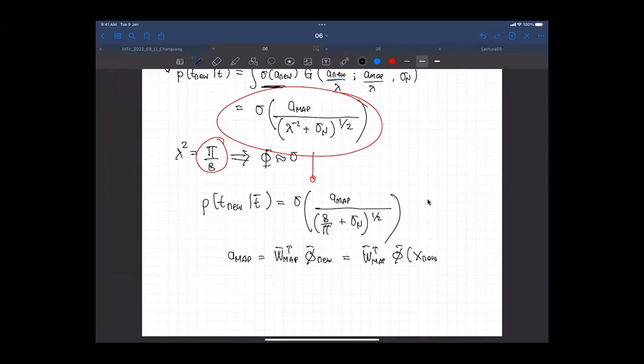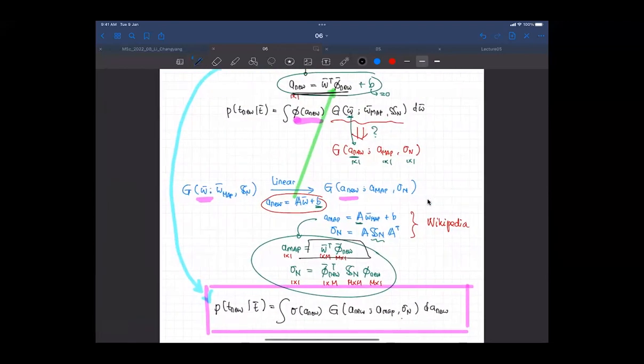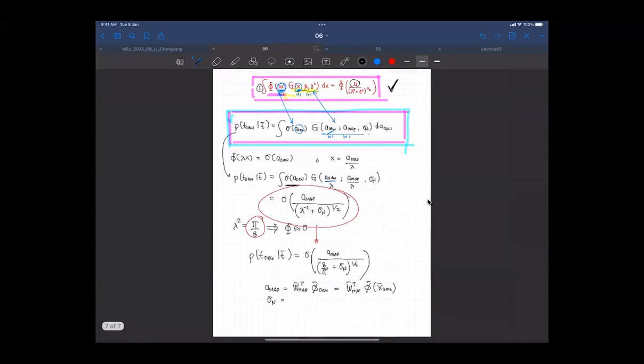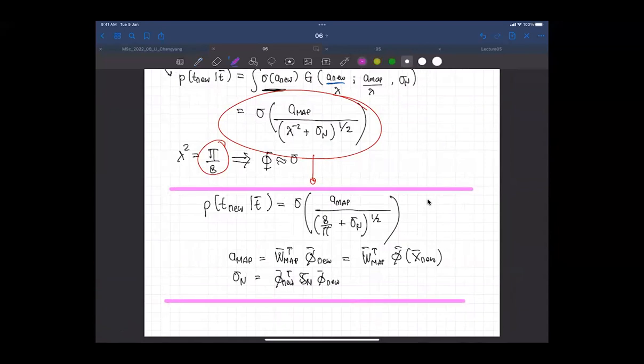And sigma n was what? Sigma n was phi nu transpose F n phi nu. So this is the solution basically. So in your implementation, you have to understand this. This is your implementation.